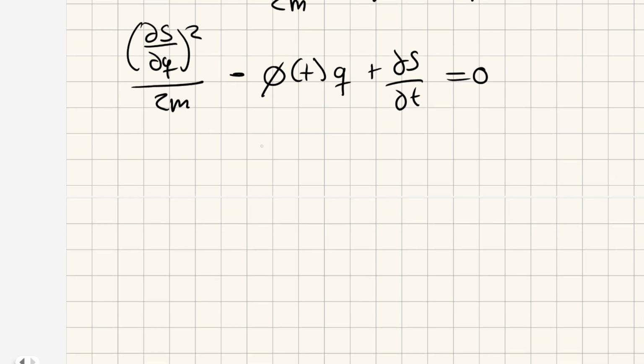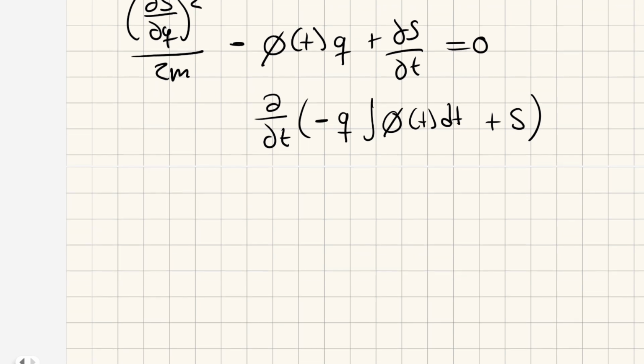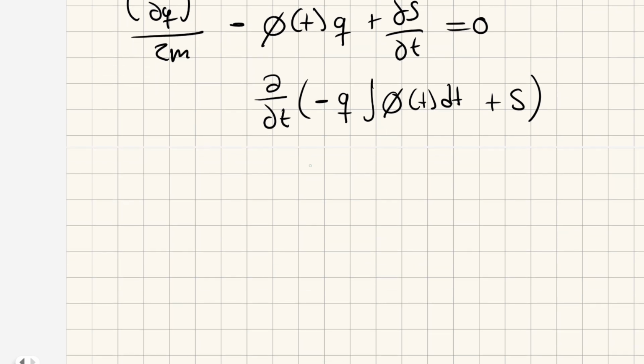So what happens if, for example, we take the derivative with respect to time of maybe minus q times the integral of phi of t dt, and then we sum the function s? Well, we can say that this can be seen as minus q phi of t plus the partial of s with respect to time, right?